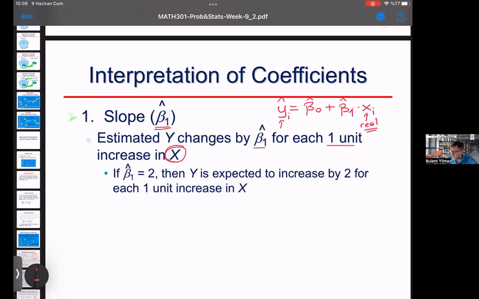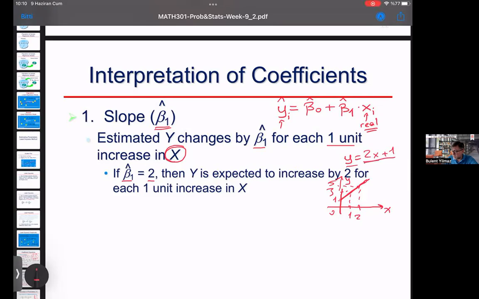Okay, for example, let me give you this. Here it says if beta 1 is 2, let's have this kind of relationship: y is equal to 2x plus 1. When x is 0, y is 1. When x is 1, it is 3. When x is 2, it is 5, right? So this is how I can plot my function if I know the prediction line like this.